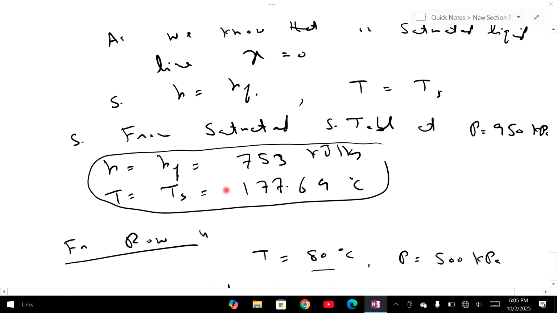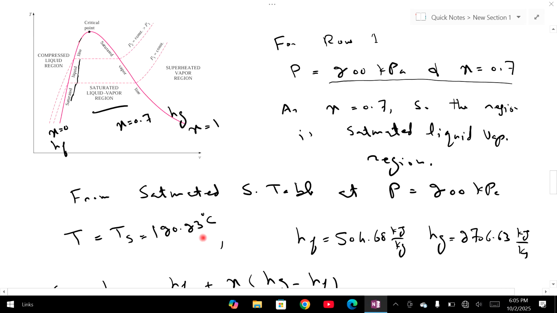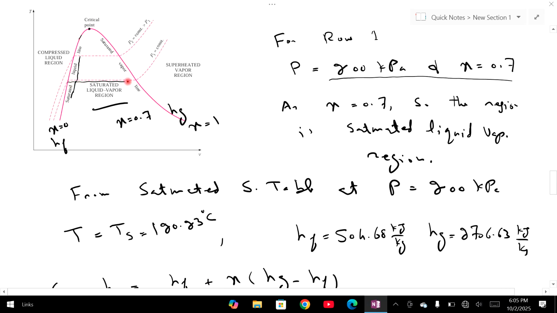It means that the temperature in this region is 151, but the temperature given to us is 80, which is less than 151. So this is in the compressed liquid region. The temperature given to us is less than the saturation temperature, so the liquid is in the compressed liquid region.